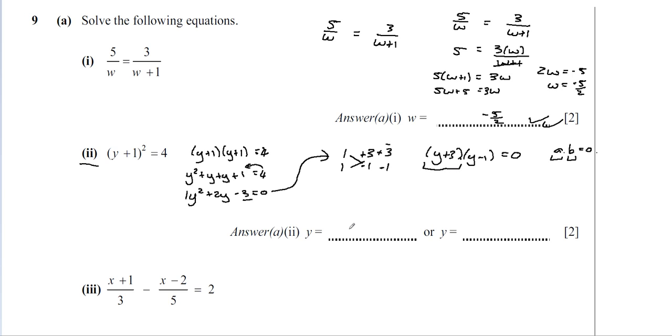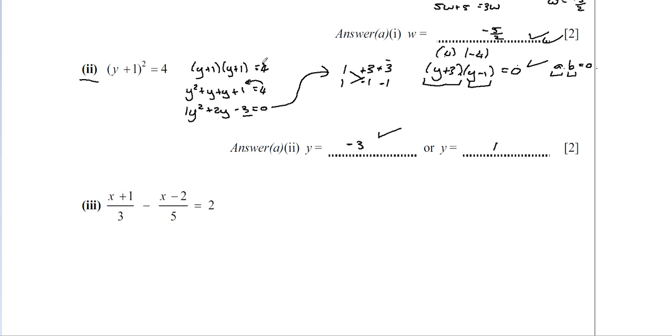That's when y is equal to negative 3. And this bracket will equal 0 if y is 1. Because if you substitute negative 3 in here, it's 0 times negative 3 minus 1, which is negative 4, but 0 times anything is 0. So it doesn't matter what the other bracket is, as long as one of these brackets is 0, we have a solution. So these are two values.